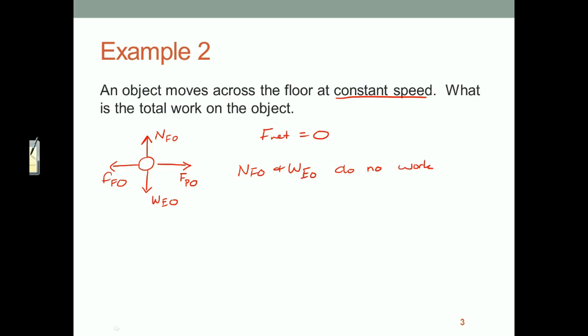It's something. Because the net force equals 0, this one and this one have to be equal in length. So while this one adds energy to the system, this one is going to remove it because it's opposite the direction of motion. They're equal forces. It's going in the same distance in both cases.